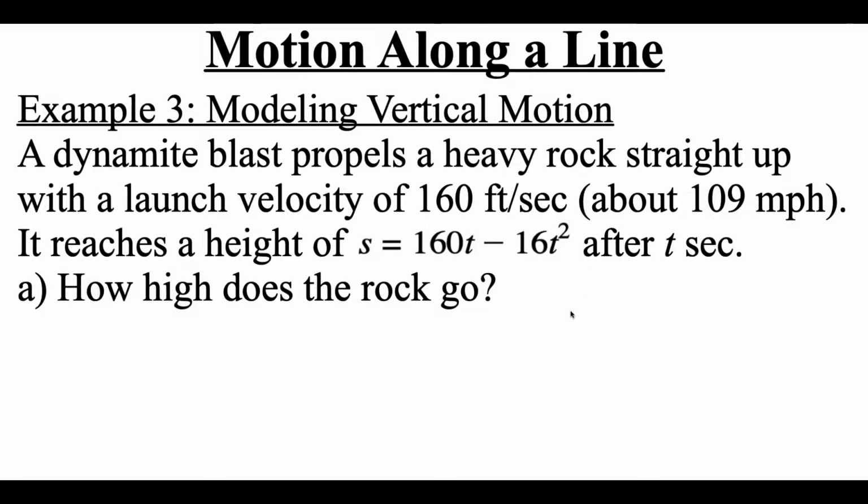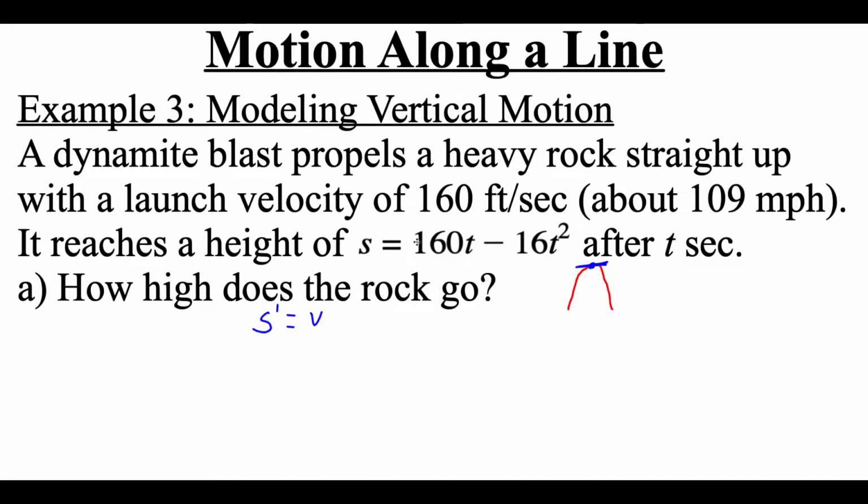If we think visually about what's happening here, this rock got blasted up, and then eventually gravity takes over, and then it has to come back down. We're trying to find the highest point on here. Now, at that point, the tangent line, or the velocity of the rock, would have a slope of 0. And when we're looking at our position function, if we do the derivative of the position, that'll give us our velocity function.